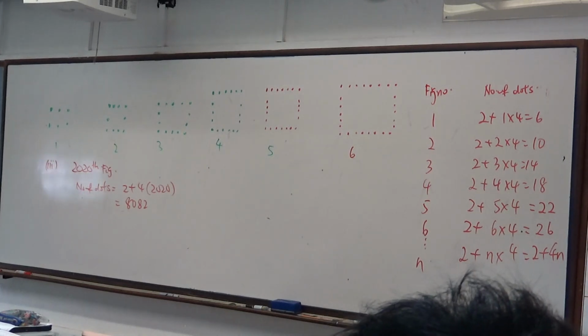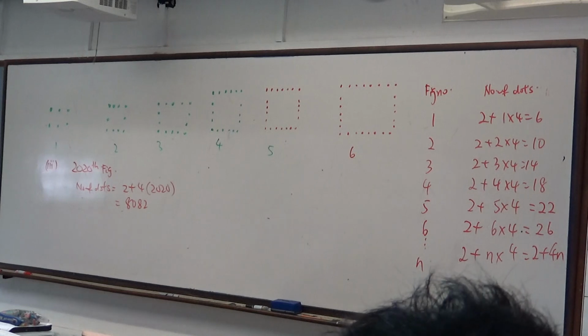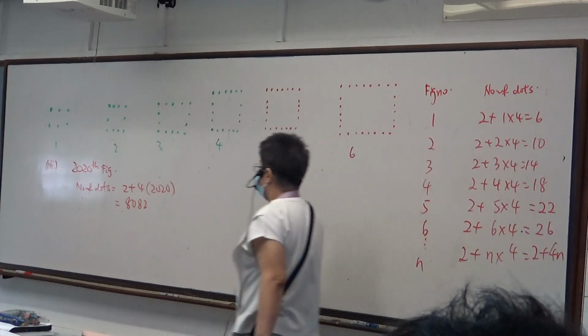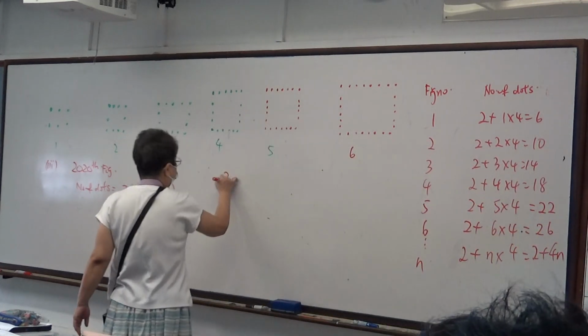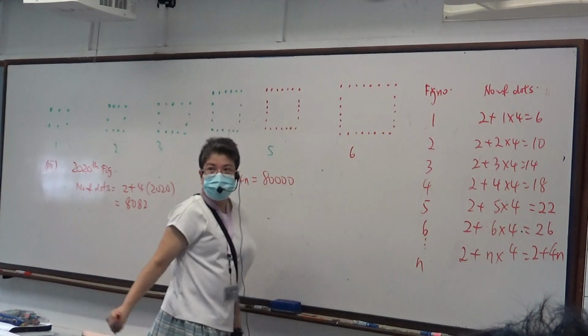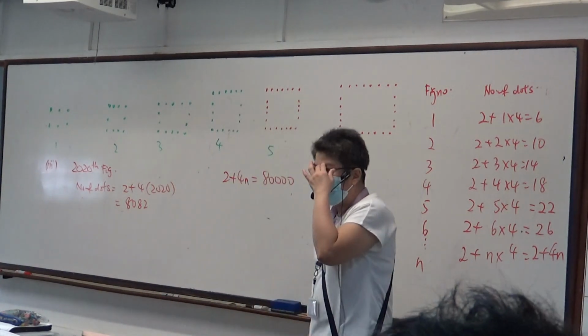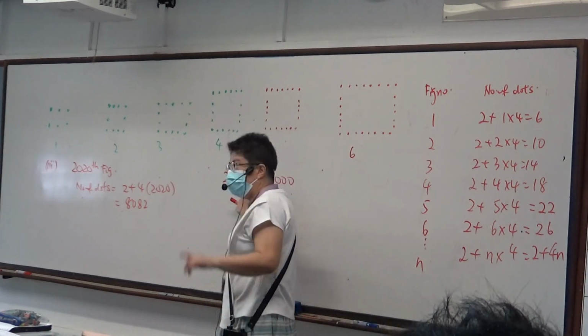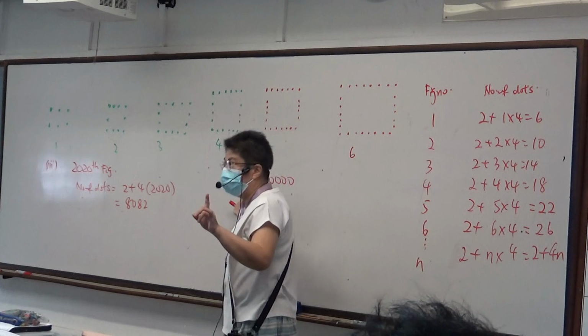Part 4. Will there be a figure in this sequence that has 80,000 dots? Explain your answer. Now, that means 2 plus 4n is 80,000, right? Correct. It will only be possible when n is a positive whole number. Agree, class?